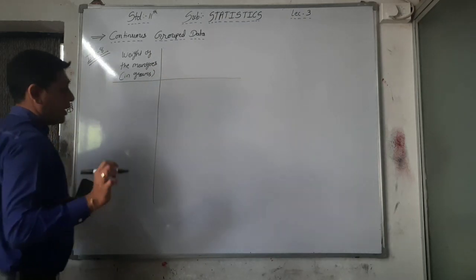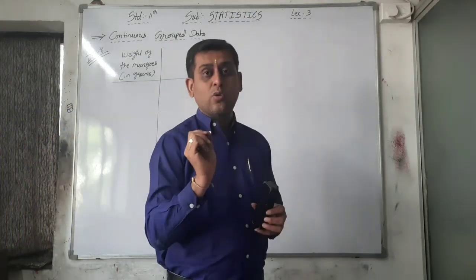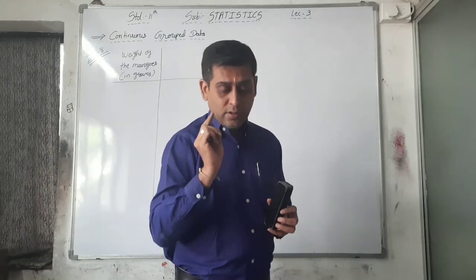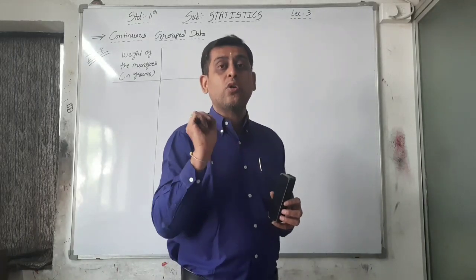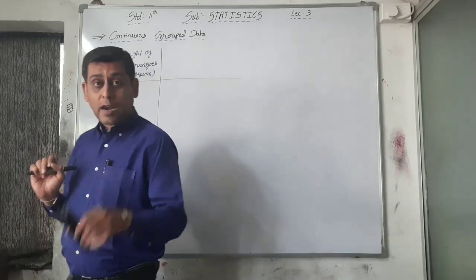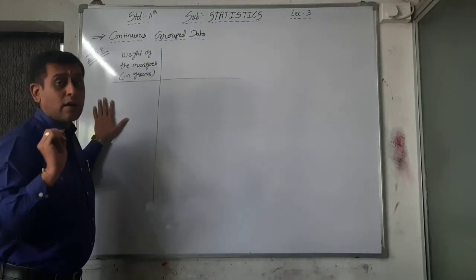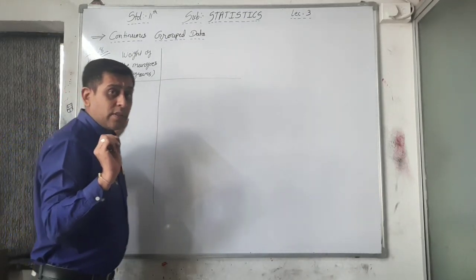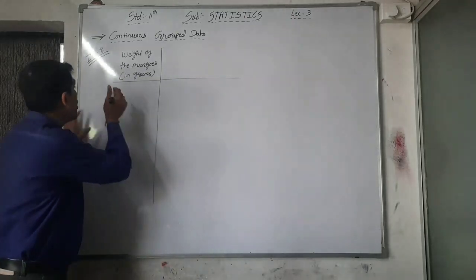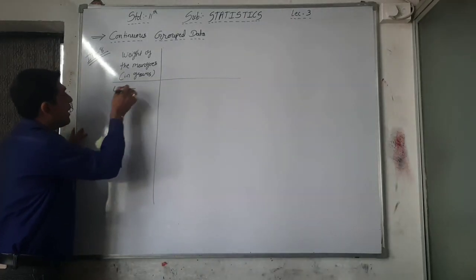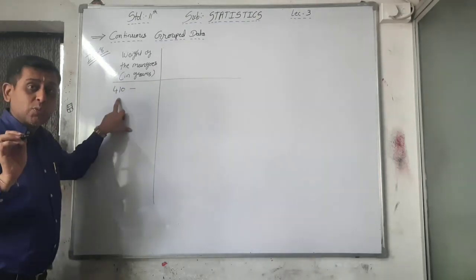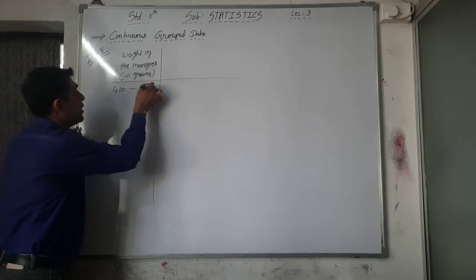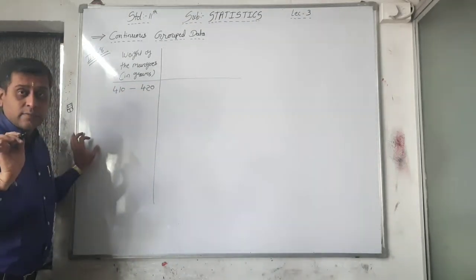See, the minimum weight of the mangoes is given first, that is 410 grams, and the first point is below 420. So you have to make a class from the given information. See here, the class is not given. Here it is given that below 420, and your minimum weight is 410 grams. It is specifically said. So 410 to 420 is your first class, right?